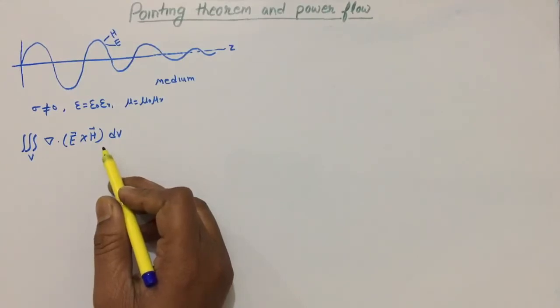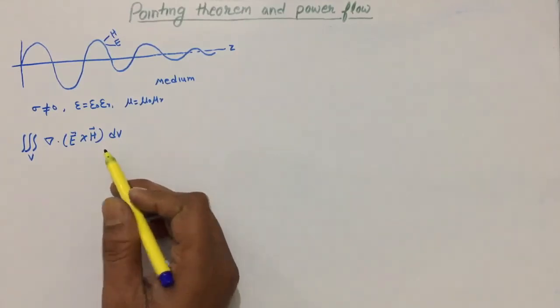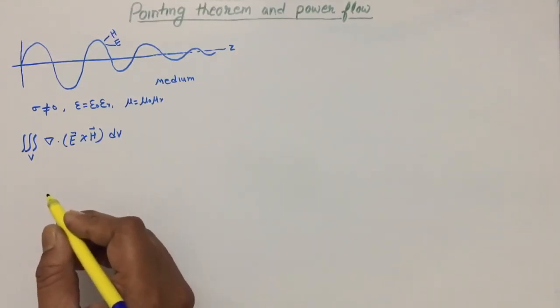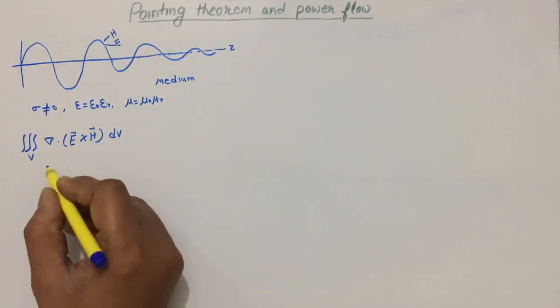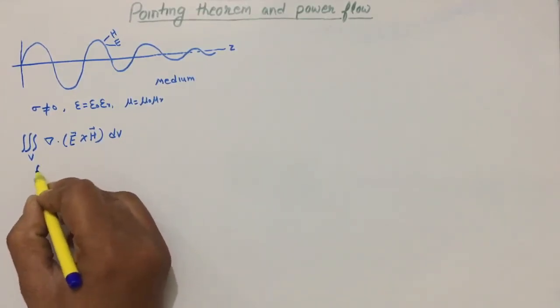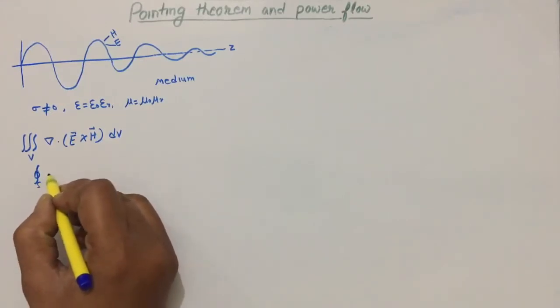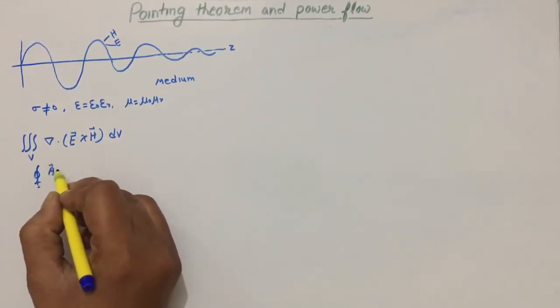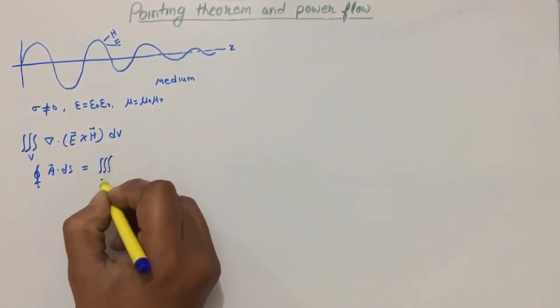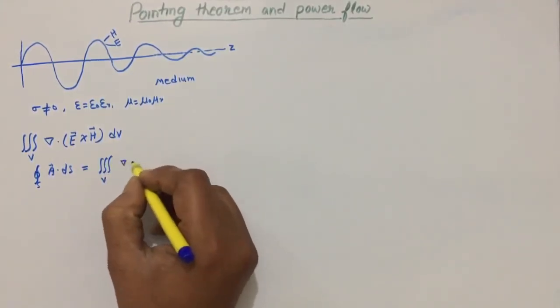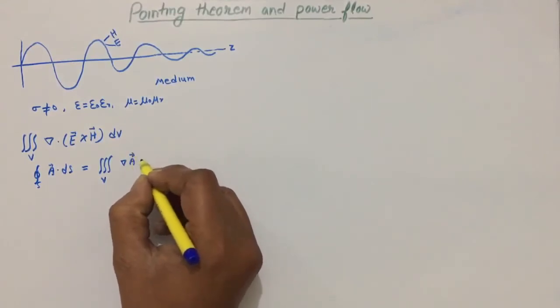Now let us transform it into a surface. That is possible by the divergence theorem, in which we can say surface and volume can be related. For any closed surface, for any vector A, the integral of A dot ds can be written as the volume integral of del dot A.